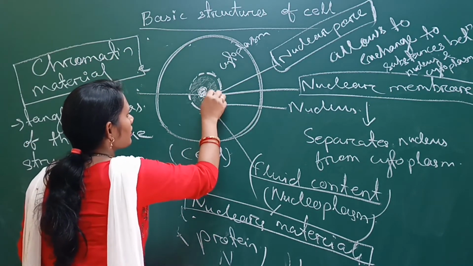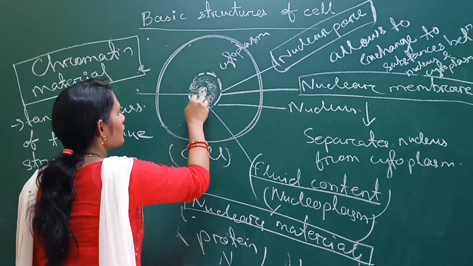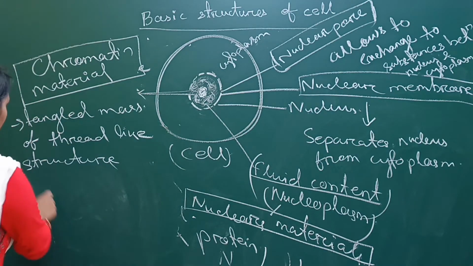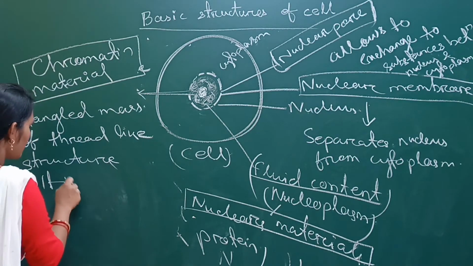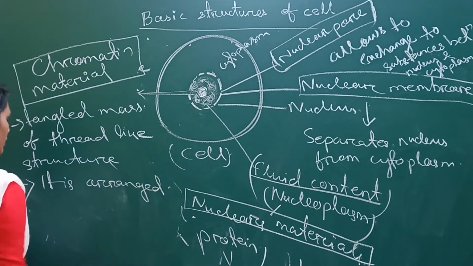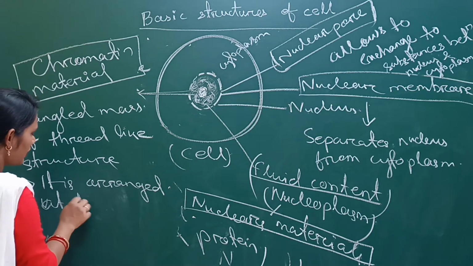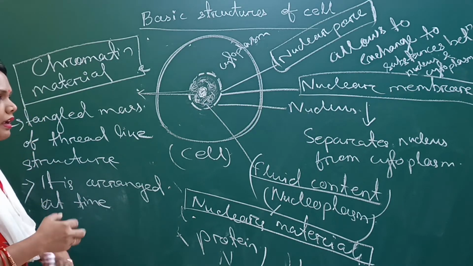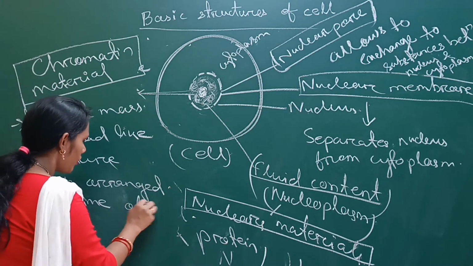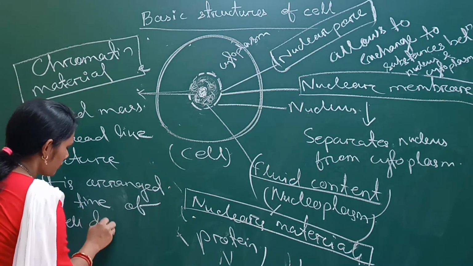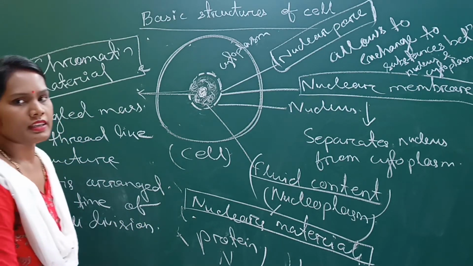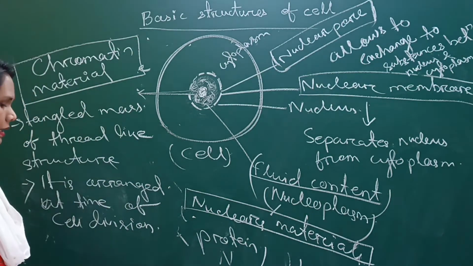It is just thread-like structures present within the nucleus. At the time of cell division, this chromatin material becomes condensed into paired structures. They come to a regular, particular shape at the time of cell division.